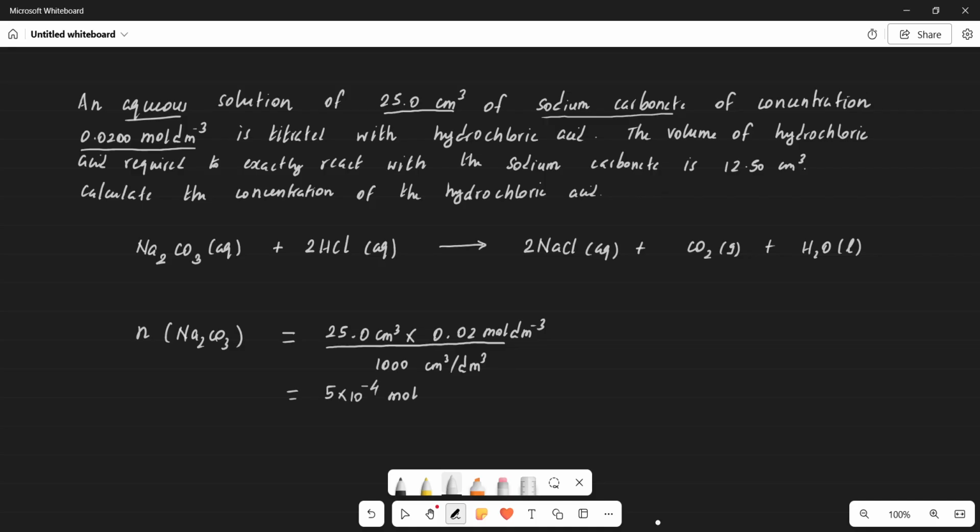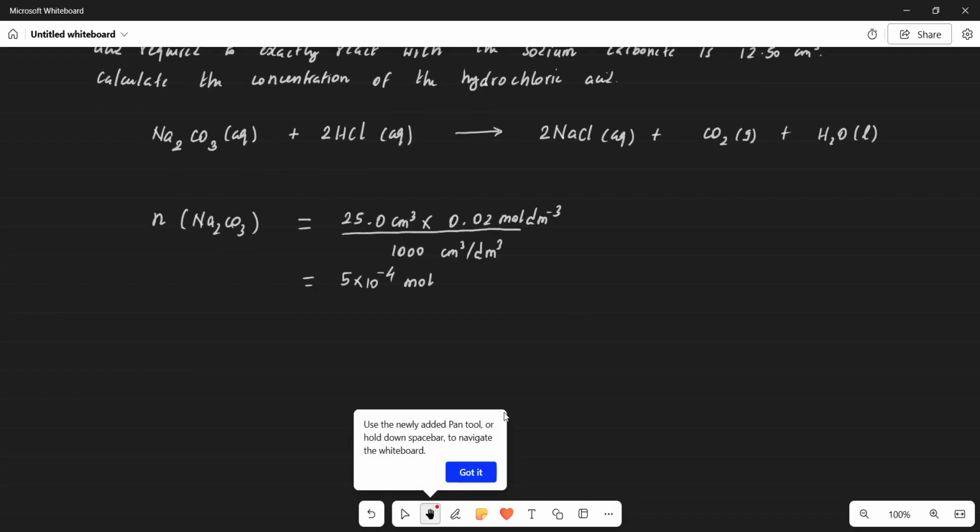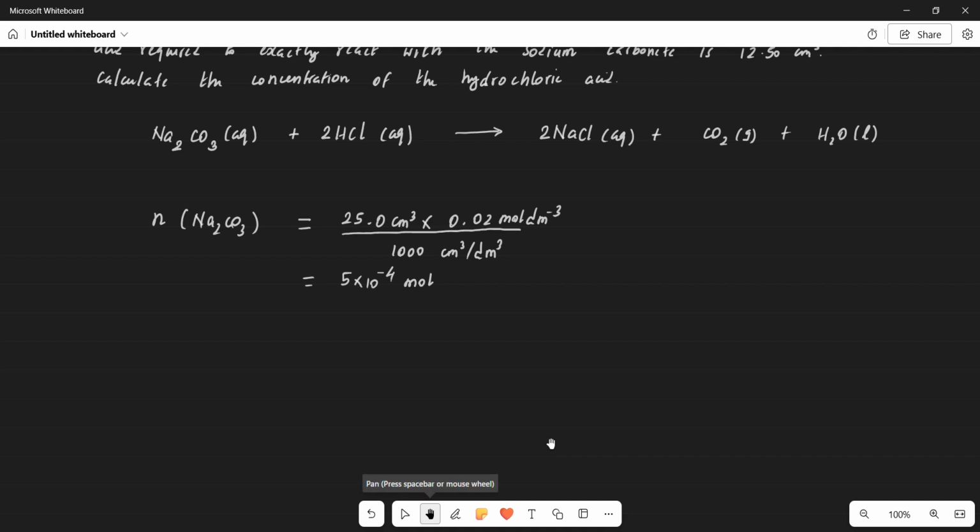moles. So now I am going to take the ratio. It's similar to the previous video where we do mass ratios. So again, what I have is Na2CO3 is to HCl. 1 is to 2, because there is no number, it means 1, and here it is 2, so 1 is to 2.